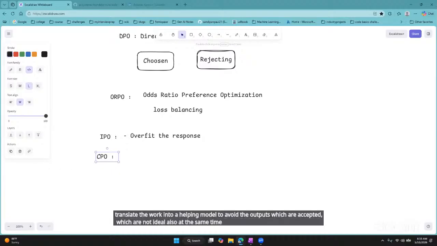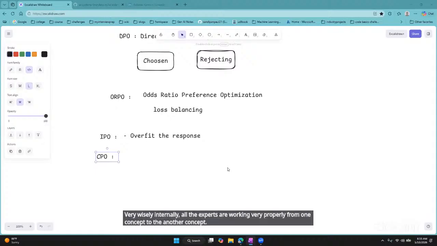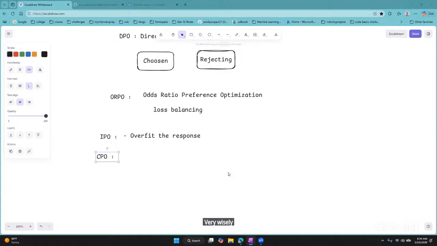So making sure that the model is non-deterministic, and at the same time the model is not sensitive to the area where it has to focus. Very wisely, internally, all the experts are working properly from one concept to another, making sure those are not sensitively responding to the user intent. Those are very wisely trying to control the model when the user is looking at the response.